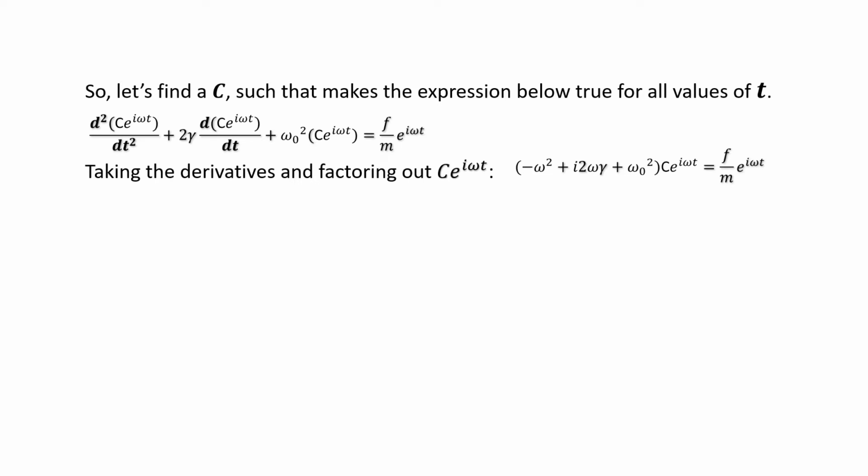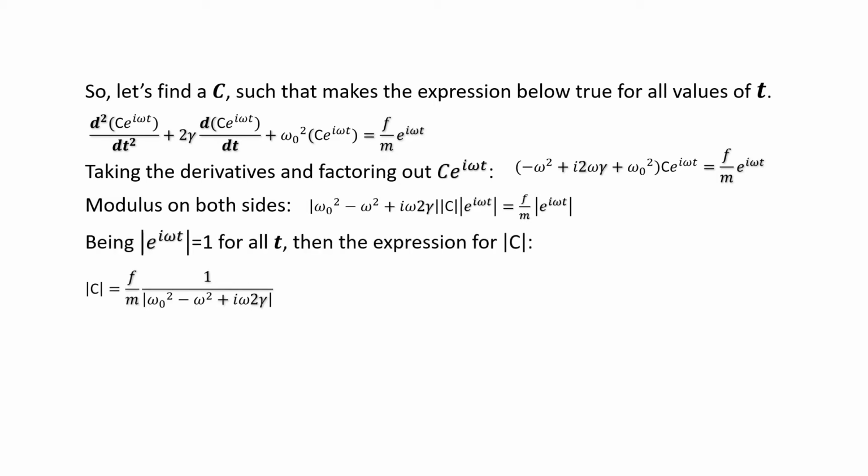Taking the derivatives and factoring out c by e to the i omega t, taking modulus on both sides, being the modulus of e to the i omega t equal 1 for all t, the expression for c becomes this, but c is the amplitude of the force oscillations, x sub max.